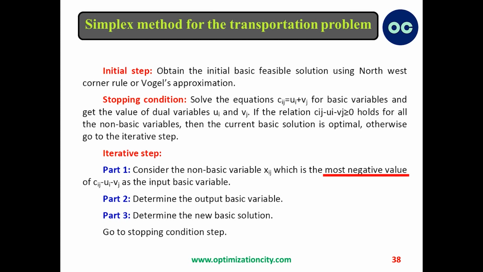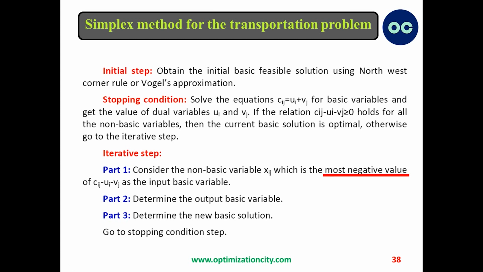In the stopping condition, we solve the equation Cij is equal to ui plus vj for the basic variables to determine the values of ui and vj. If the condition Cij minus ui minus vj is non-negative holds for all non-basic variables, the current basic solution is optimal. Otherwise, we proceed to the iterative step.